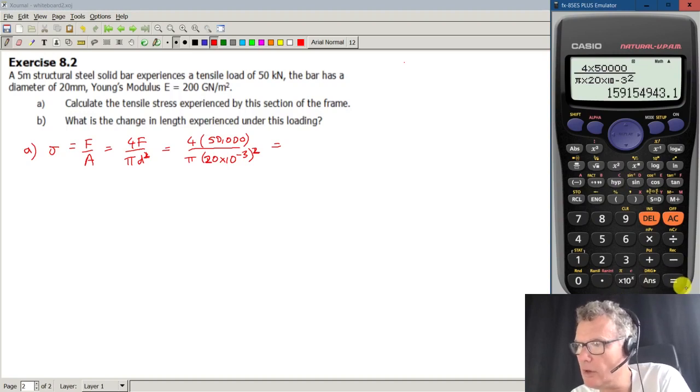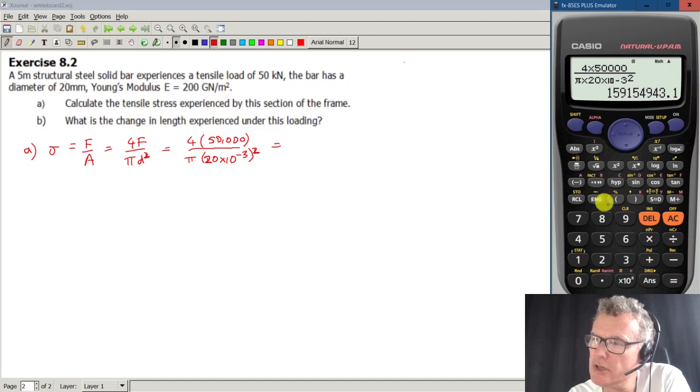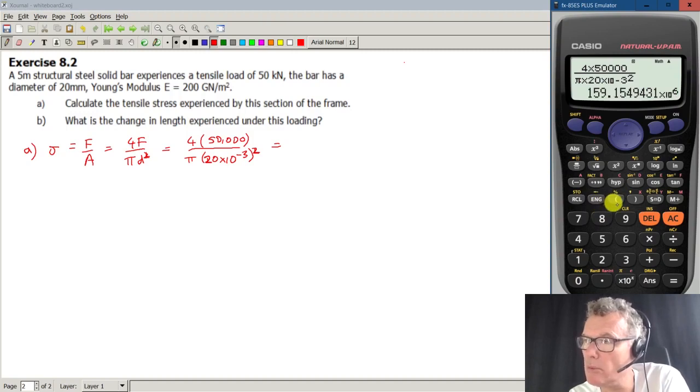Again, I get this very long number, so let's press the eng button to try to make sense of what that is. So it's saying it's 159 point blah blah blah times 10 to the power 6. On the whole, when you're dealing with stress, we just restate the answers in terms of a whole number of megapascals.